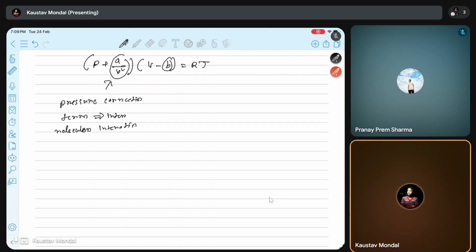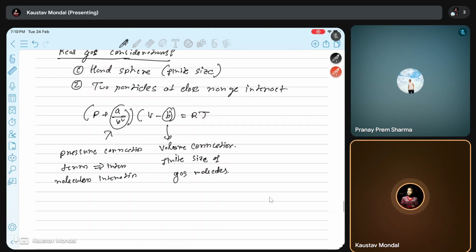And this is the volume correction, that basically arises due to the finite size of the gas molecules. These are the expressions.